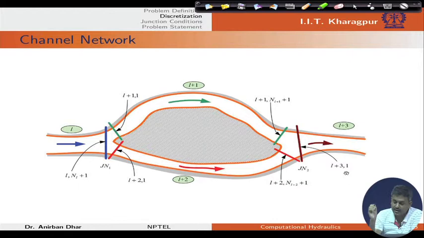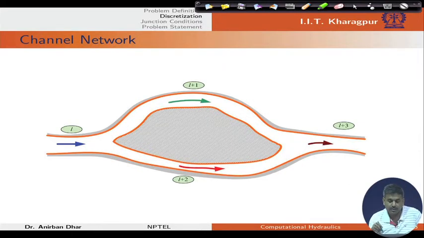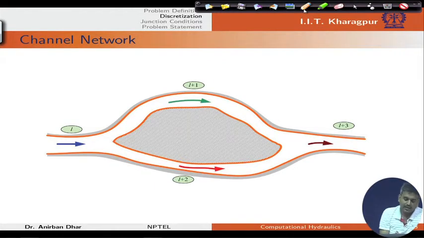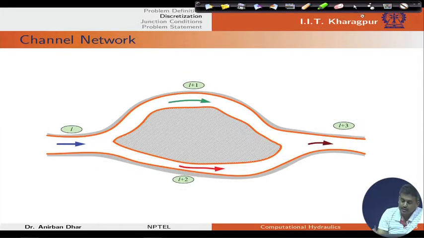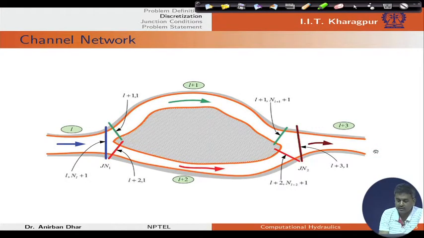So, in this case, like the previous one, we have channel number L, L plus 1, L plus 2, L plus 3. Now, if we impose the channel junction conditions, we need to consider those conditions between this blue one, green one, blue one, red one.